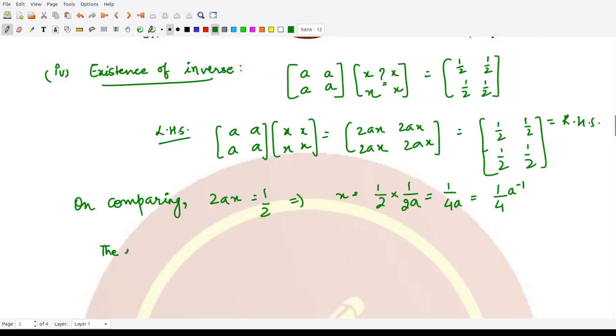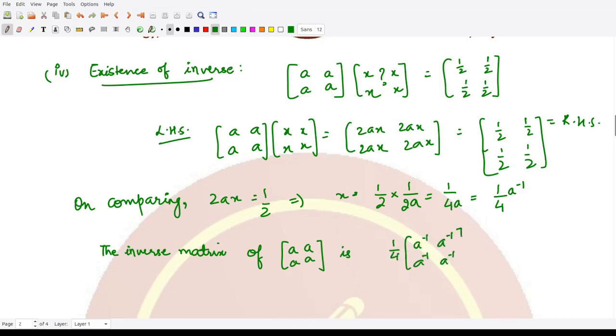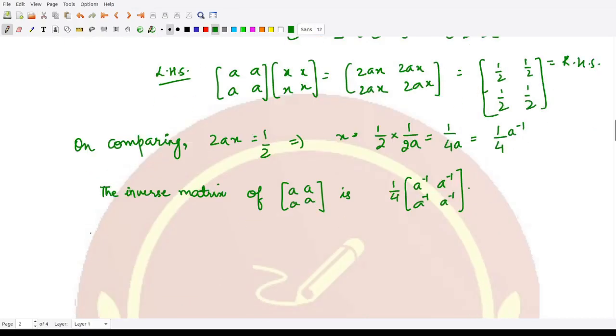Therefore, the inverse of this matrix A is 1 by 4 times a inverse in every entry. Obviously a inverse is a real element. Hence you have got the inverse for each of the elements. Thus all the group axioms are satisfied. Hence we say G together with the operation of matrix multiplication is a group. One part of the proof is done.